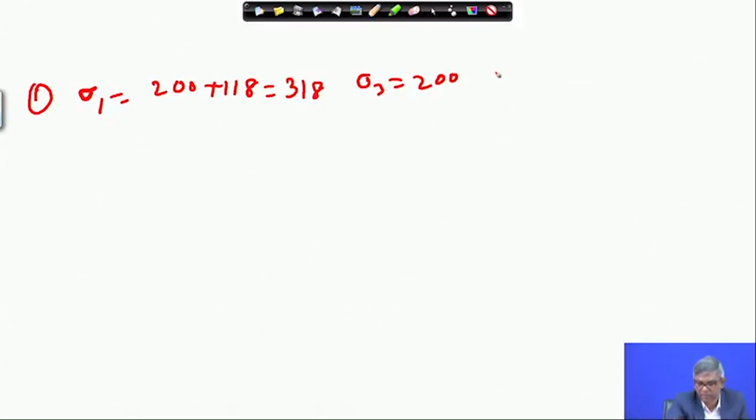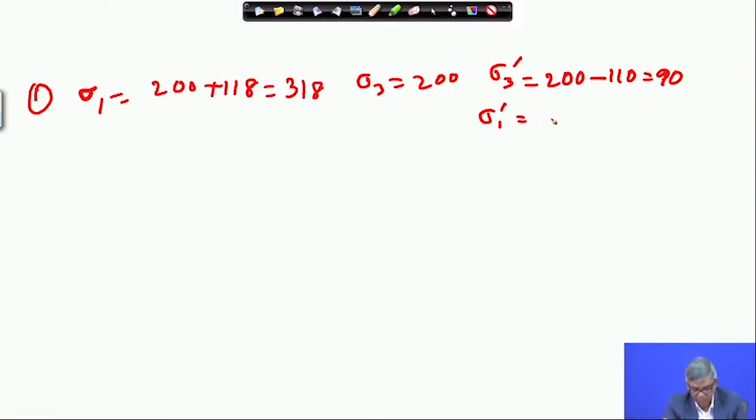Then your sigma 3 dash will be equal to 200 minus u, that is 110, so that is equal to 90, and sigma 1 dash will be equal to 318 minus 110, that is 208. So, we have got one data point.